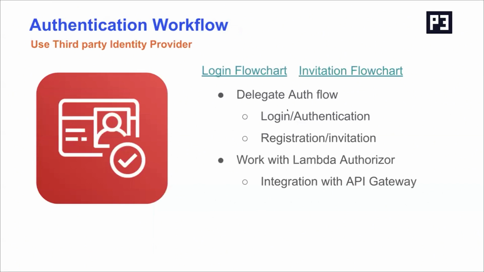So like I mentioned before, you can integrate your custom authorizer into your API Gateway. Here we implement our custom authorizer to delegate the authentication flow and also part of our authorization.